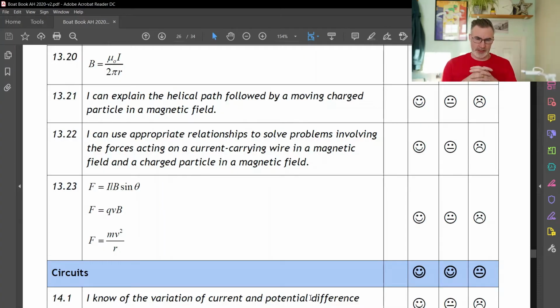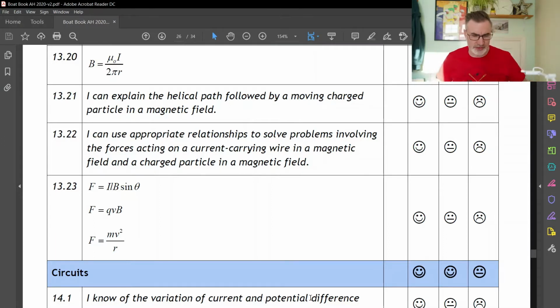So here we have, I'm going to leave 13.21 alone for now. But if we look at 13.22, use appropriate relationships to solve problems with force, current, and magnetic induction. And then in 13.23, we'll have F is equal to ILB sine theta.